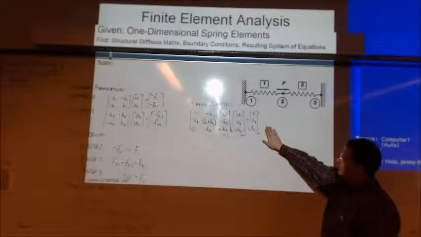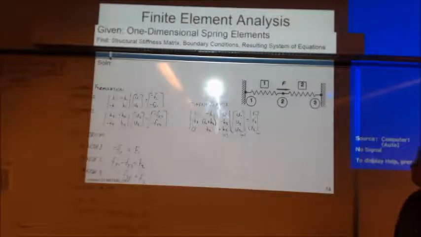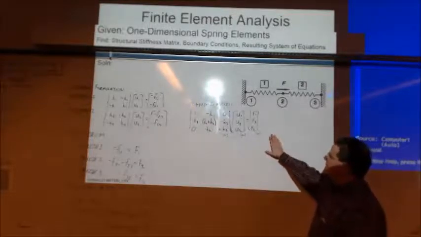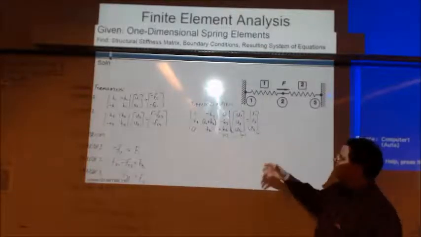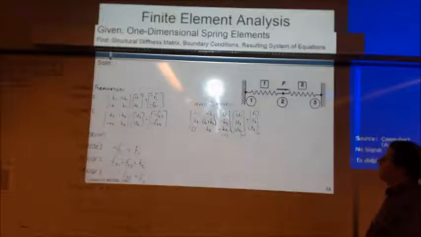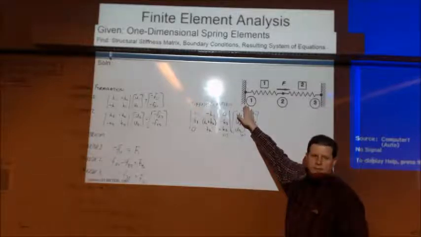Okay, so we have our stiffness matrix. So what's next? So now we can consider our boundary conditions, right? Because we have our system of equations set up. So what can we say, or what do we know our boundary conditions are? What's going to happen here? We're going to have 0 deflection, right?